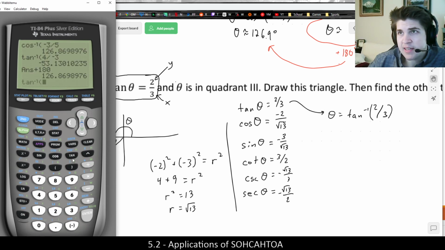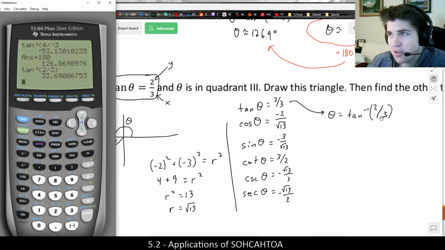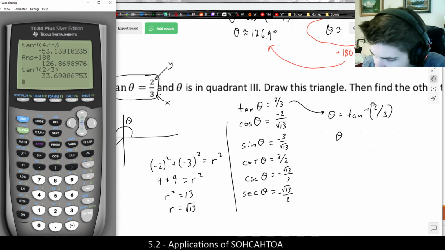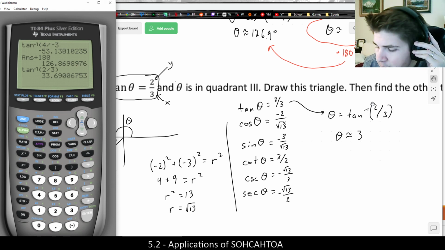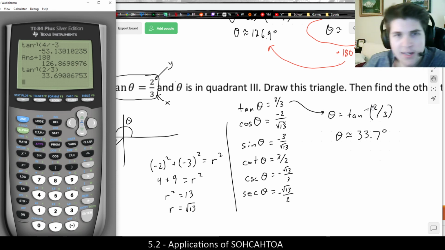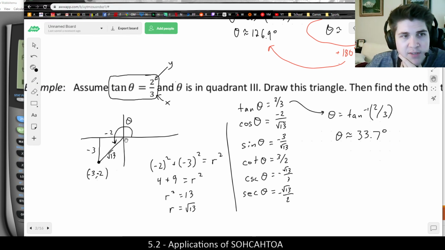And obviously, none of the functions are going to give me an answer in quadrant 3, so I'm a little bit stuck initially in solving for theta. None of them are programmed to work properly. But what I could see is that the arctan of 2/3 is 33.7 degrees. Obviously, that's not correct for this angle.